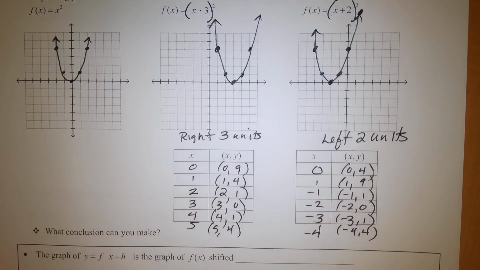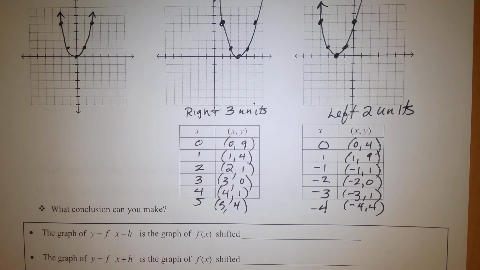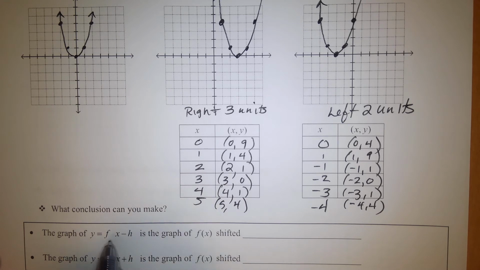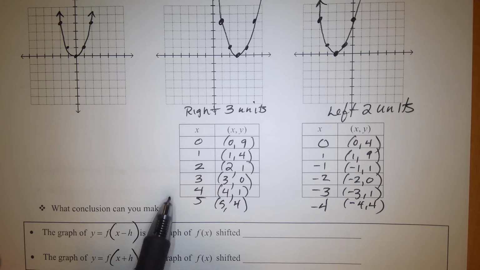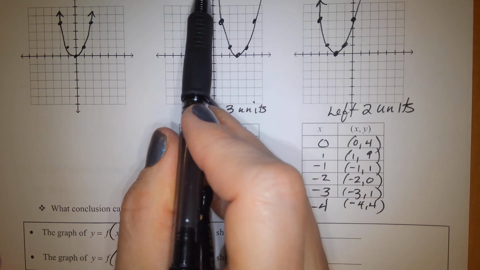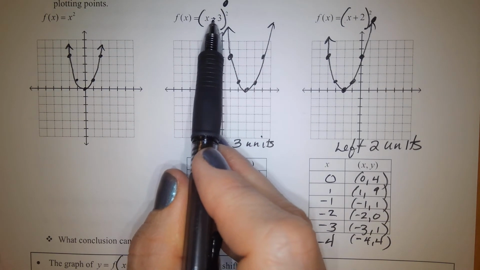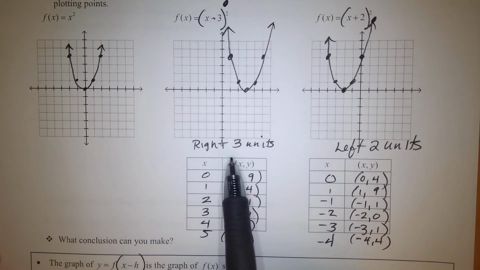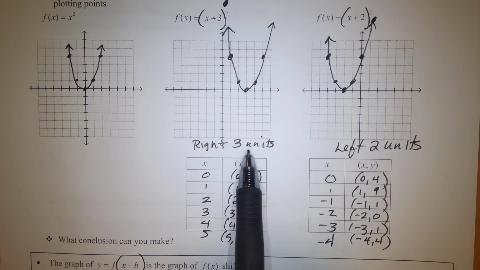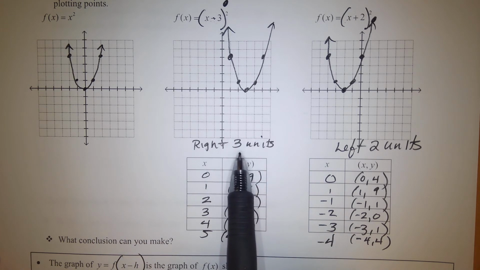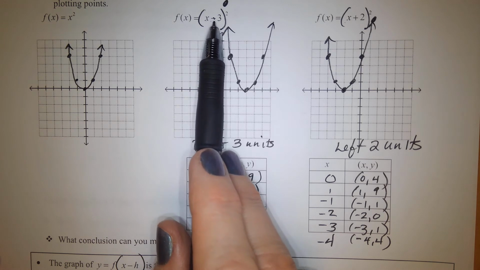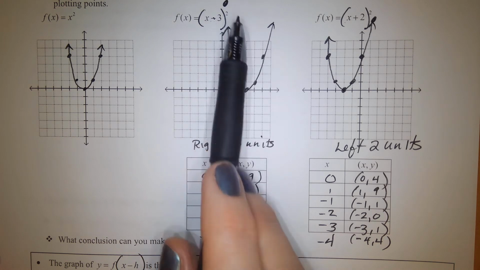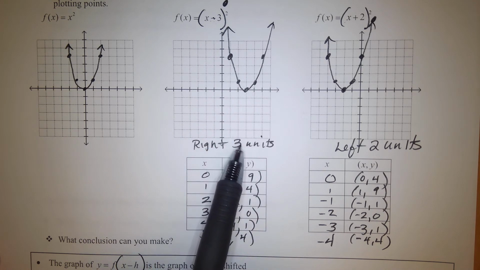So let's look at some of the conclusions that we can make from what we've just figured out. The graph of the function of x minus h, so when we subtract a number inside, we're actually moving it to the right 3 units. That is backwards from what most people would think would happen. Subtracting a value inside the function before you square it actually means you're moving it to the right.